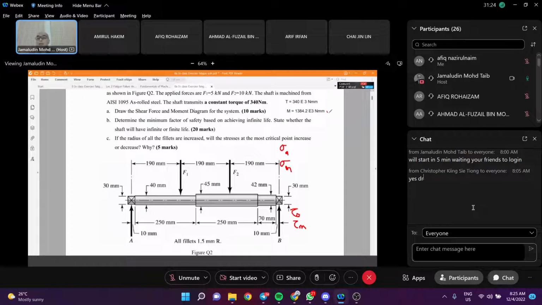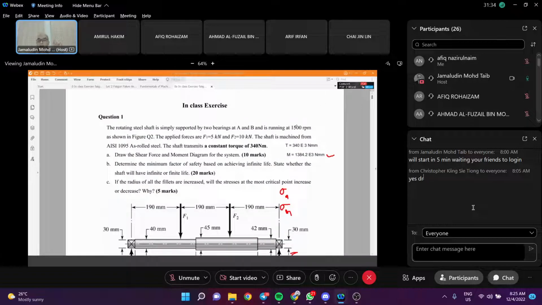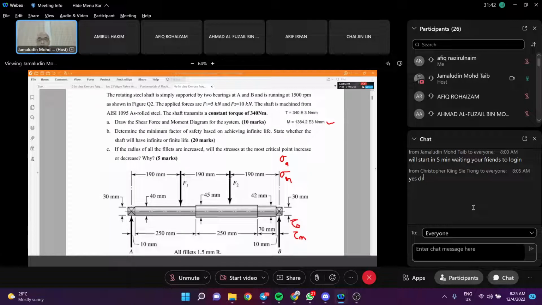Right? Okay, anybody? Just answer in the chat. What if moment 1382, what are you going to produce? Remember, this is a rotating beam. The beam is rotating, the shaft rotating, and the load is constant. Moment, is it going to produce sigma alternating, sigma mean, shear alternating, or shear mean? Moment first.